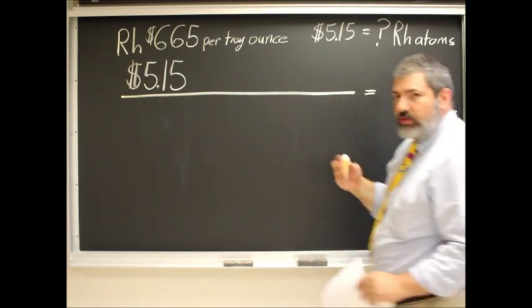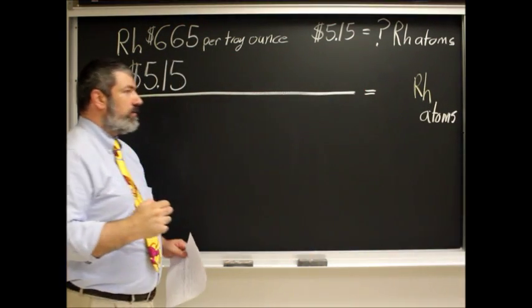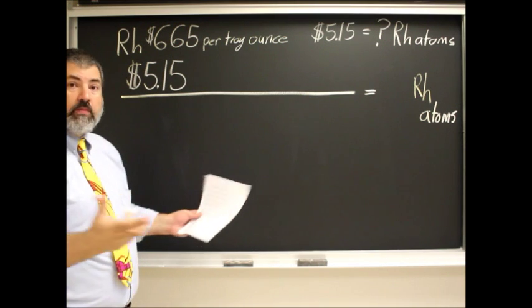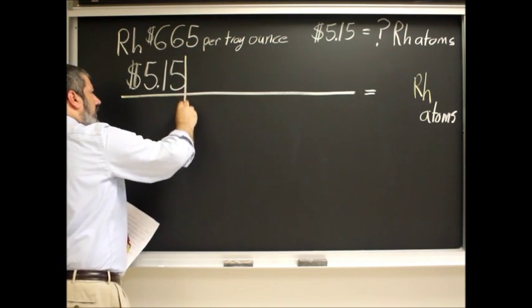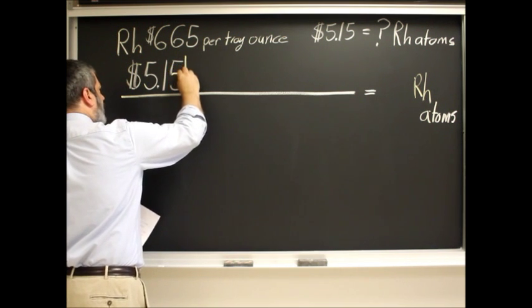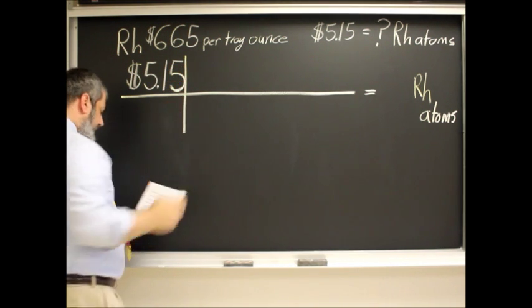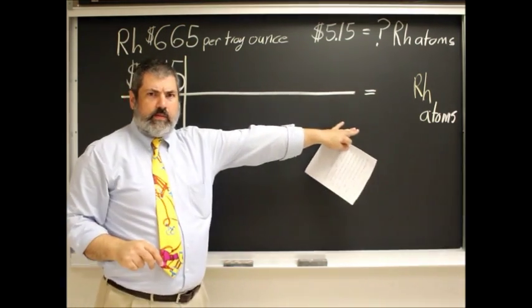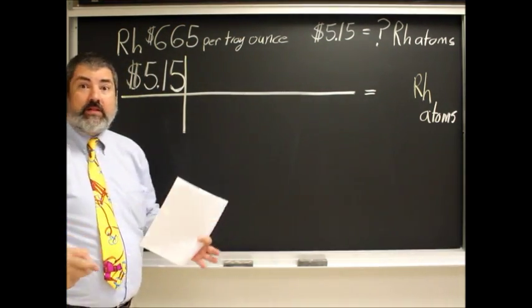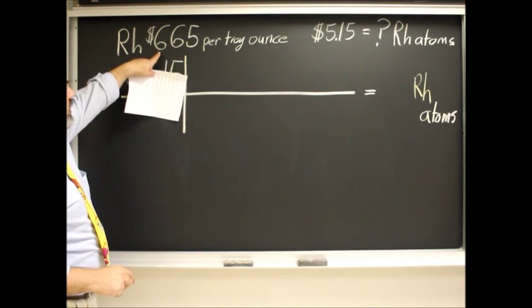Our answer should have the unit of rhodium atoms. It's a number of atoms. That's what we're looking for. Well, we're going from money to number of atoms. So clearly there's going to have to be some unit conversions in here.